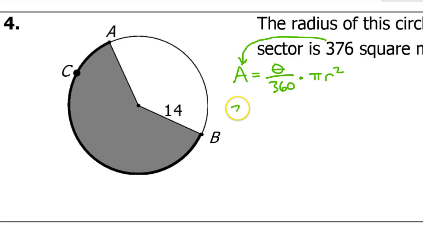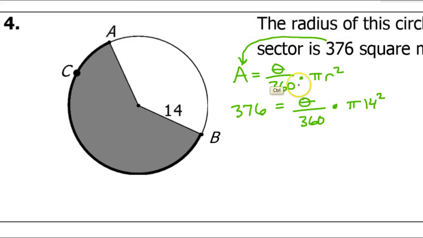So that is going to go in right here. So I'm going to have 376 is equal to theta over 360 times pi r squared. Well, the radius is 14, so that's pi 14 squared. Alright, so we need to solve this for theta somehow.